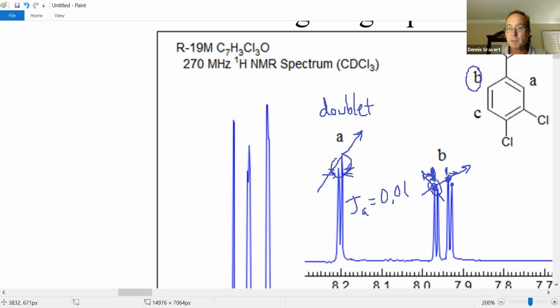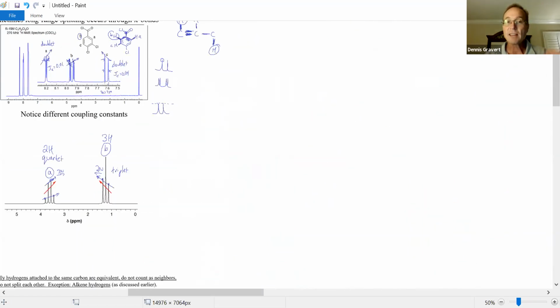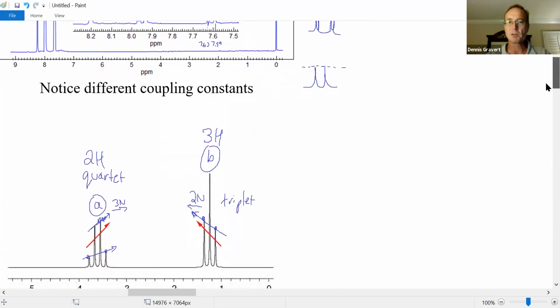B, the bigger gap is saying, hey, go look to the right to find the neighbor. And there it is, peak C, the hydrogens that produce peak C. Cool. So that's a phenomenon that you can use to your advantage on the exam. This roofing effect, the second order coupling effect, they kind of point to their neighbors.